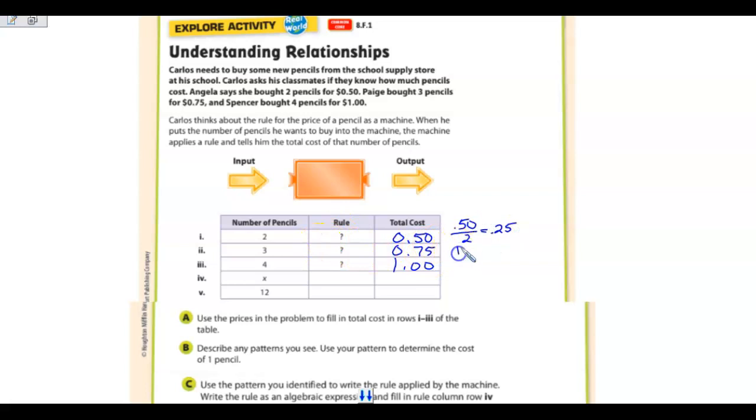And if I take my 75 cents and divide it by 3, I get 25 cents. And if I take my 100 cents, which is $1, and I divide it by 4, I get 25 cents. So my rule is each pencil is going to cost me 25 cents.